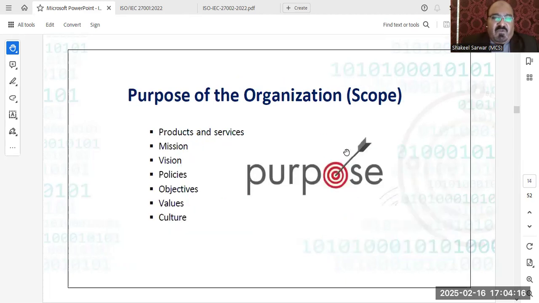Purpose of the organization, the core mission, vision, and objectives that define why the organization exists and what it aims to achieve, helps align the ISMS, information security management system, with the organization's strategic goals, ensuring that information security supports business objectives effectively.